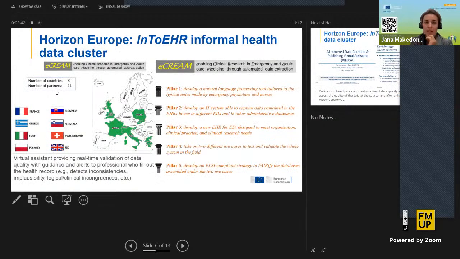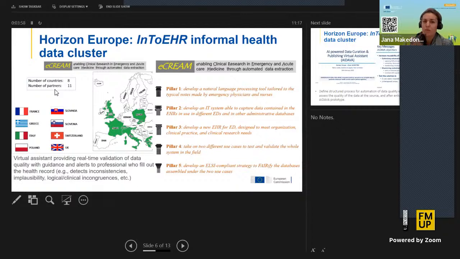Now if you look at the projects in specifics, ECRIM, for example, as I mentioned in the question that was asked, is about enabling clinical research in emergency and acute care medicine through automated data extraction.